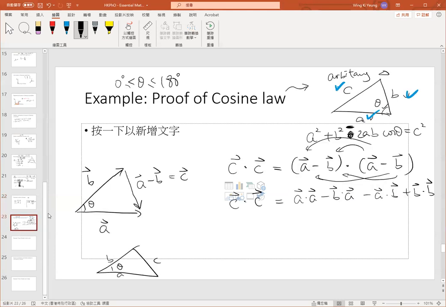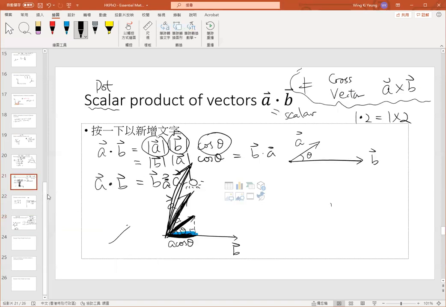And in this triangle, A minus B whole square. In vectors, you can't write like this actually. This one is undefined.